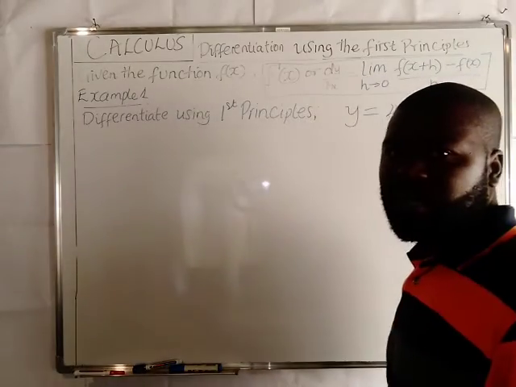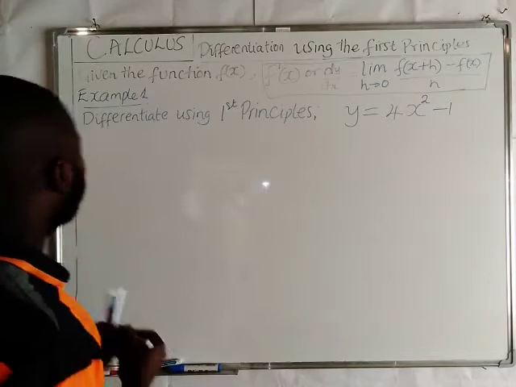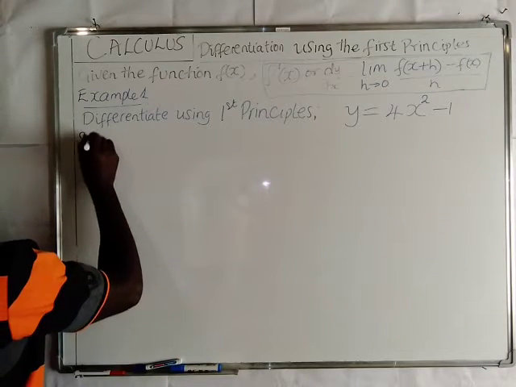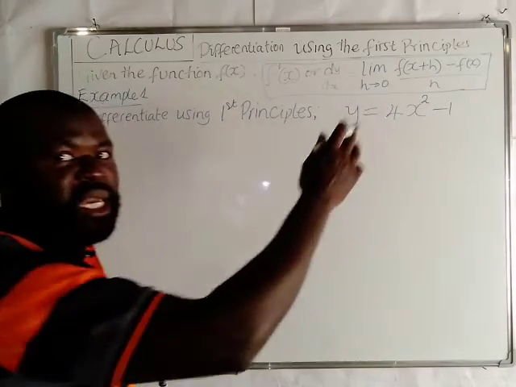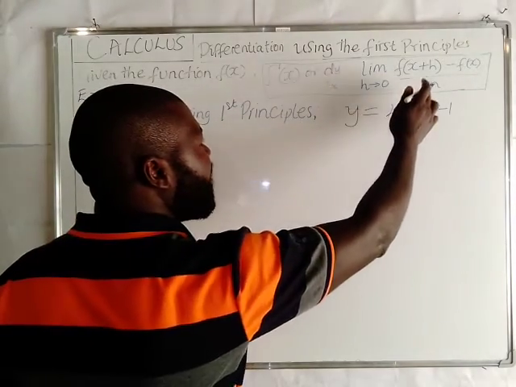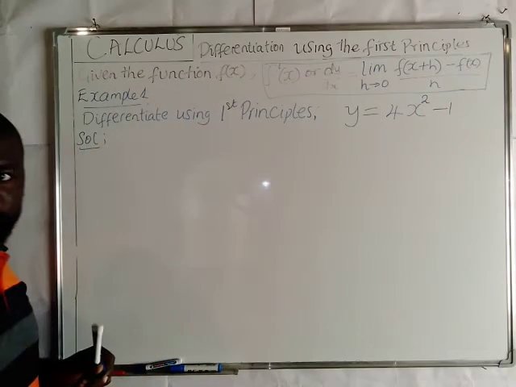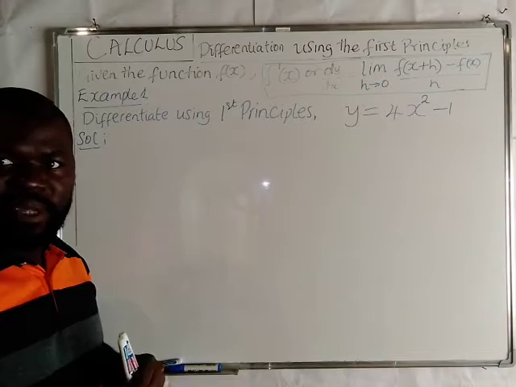So we are given this question on the board. It says y is equal to 4x squared minus 1. So remember, y is the same as f of x.